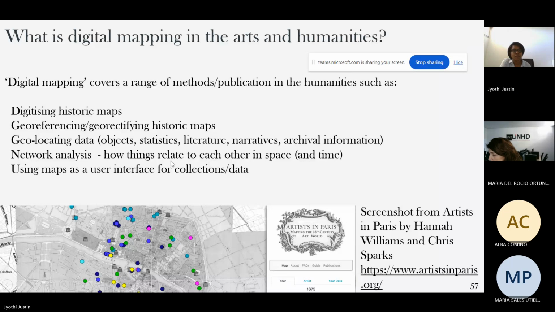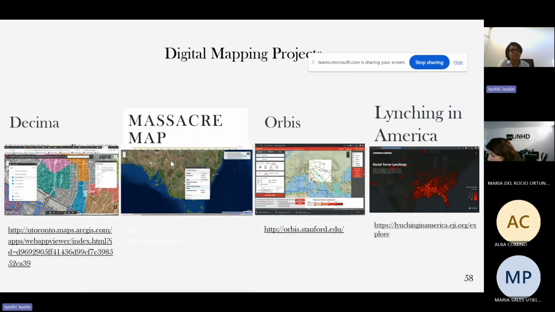So these are some other examples of digital mapping projects. There is a project that is very similar to mine, mapping the colonial frontier massacres in Australia.